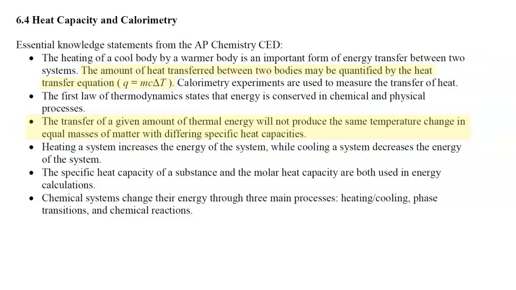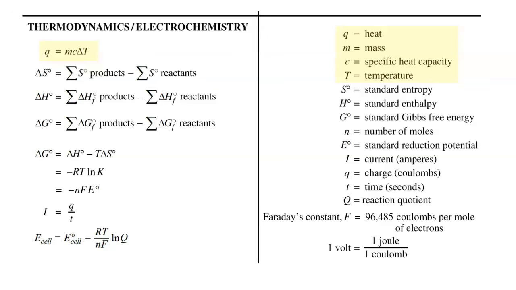Now, the equation Q equals MC delta T can be found on your AP Chemistry Equations and Constants sheet in the section entitled Thermodynamics and Electrochemistry. So Q equals MC delta T is the equation in which Q represents the heat, which is normally measured in units of joules.